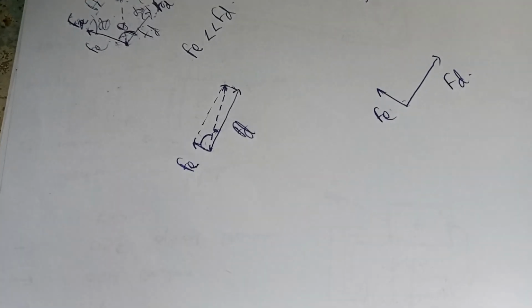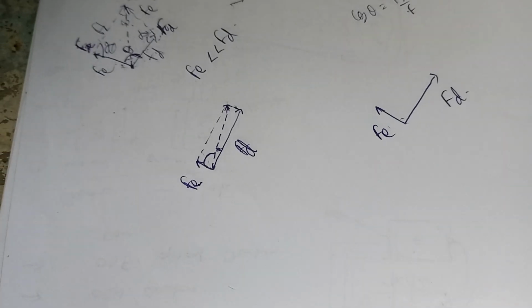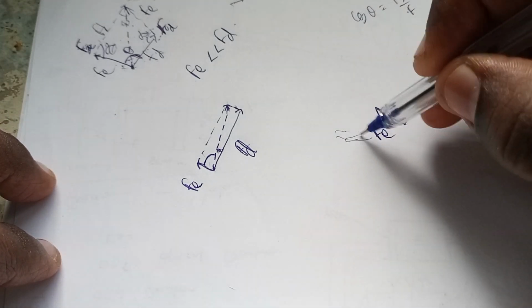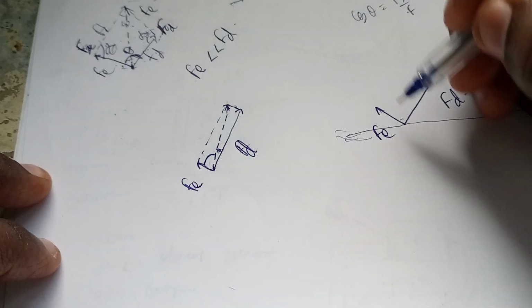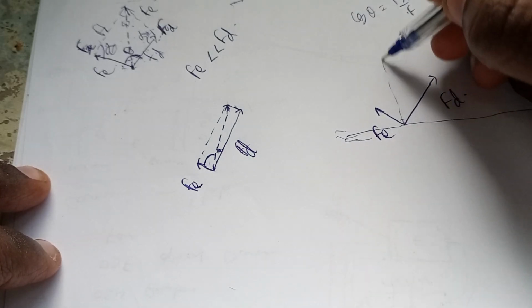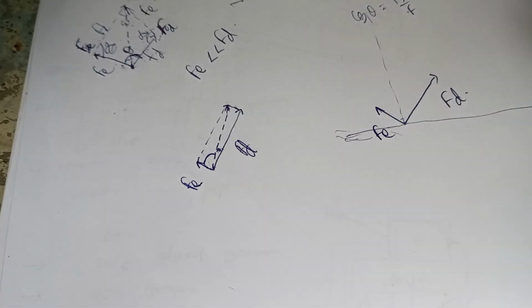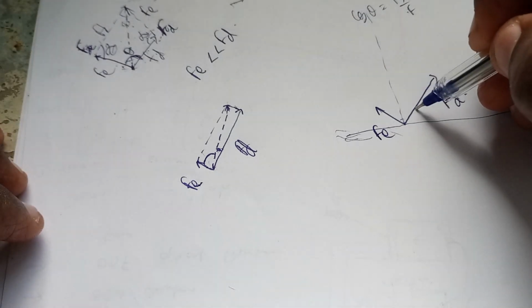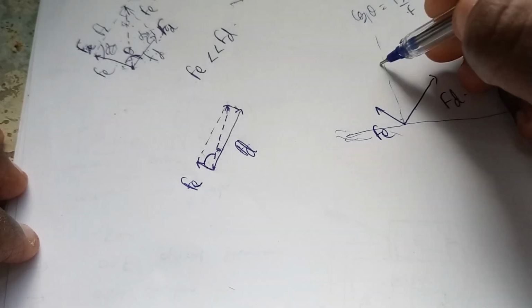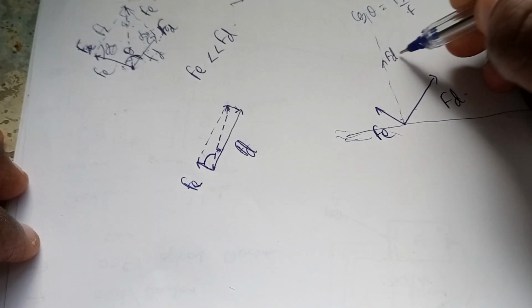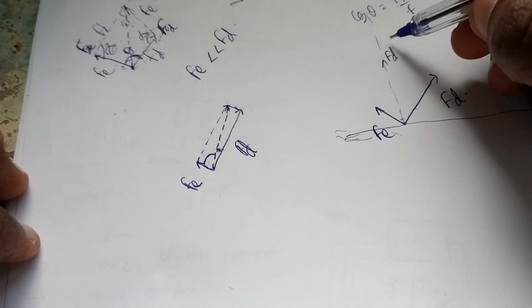So the same goes for this one. Let's say this is the vertical axis and this is the horizontal axis. That means this Fd here has these amounts.